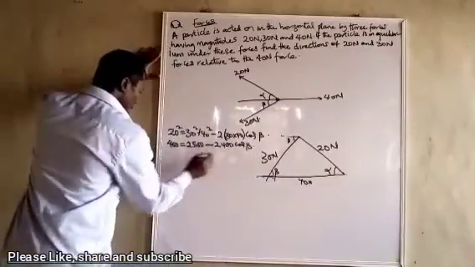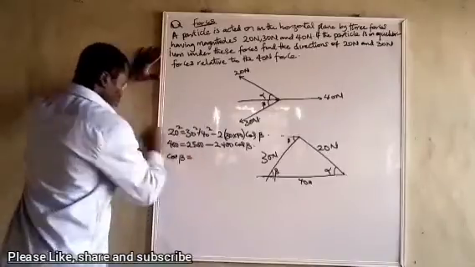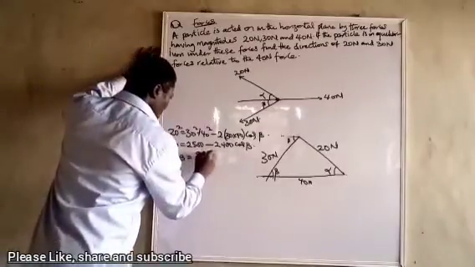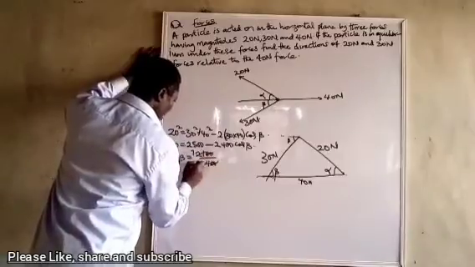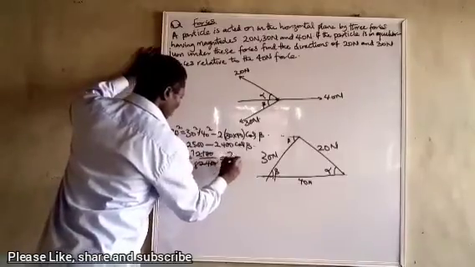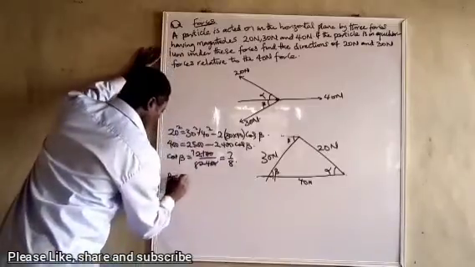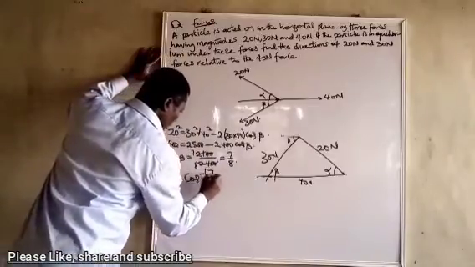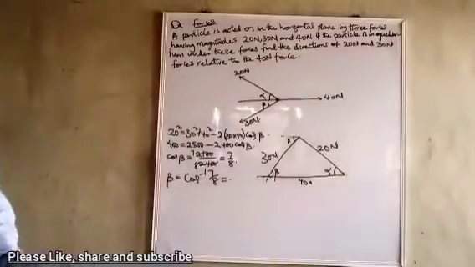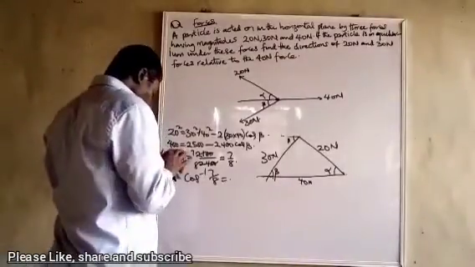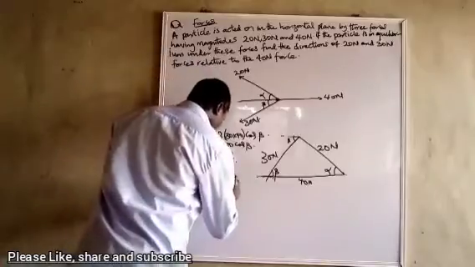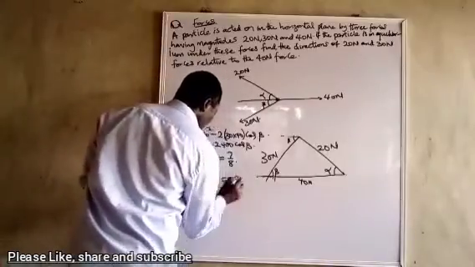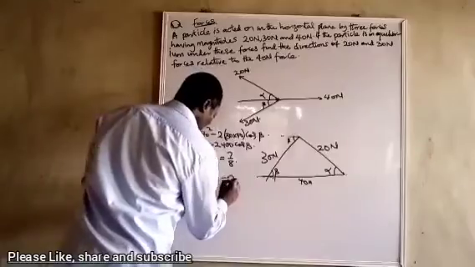So I have, at the end of the day, cos beta will be equal to 2100 over 2400. So 7 over 8. So beta is arc cos 7 over 8. And that will give me 29 degrees at the end of the day.